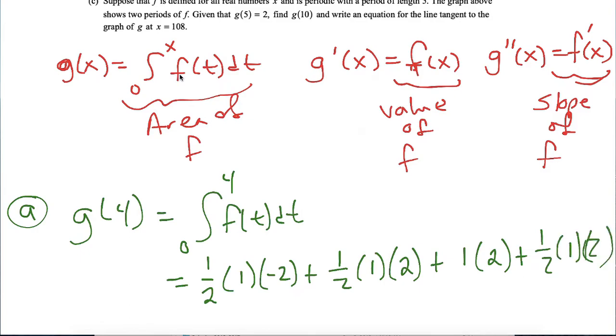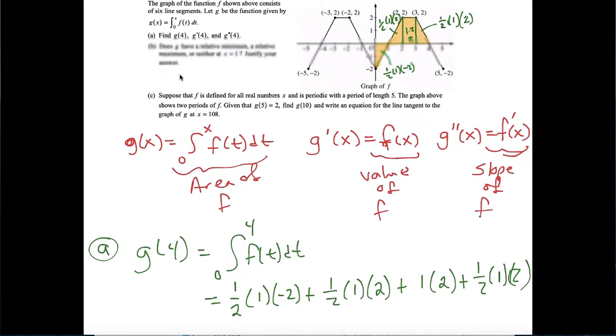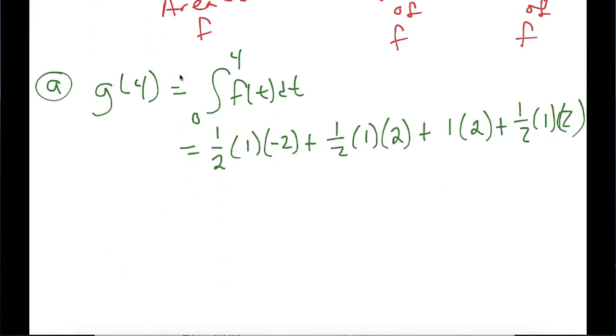You could do the calculations if you want, or you can just leave it like that. That is a fine answer. It's just arithmetic now. What that's doing is adding those 4 sections up that I divided that orange part into.